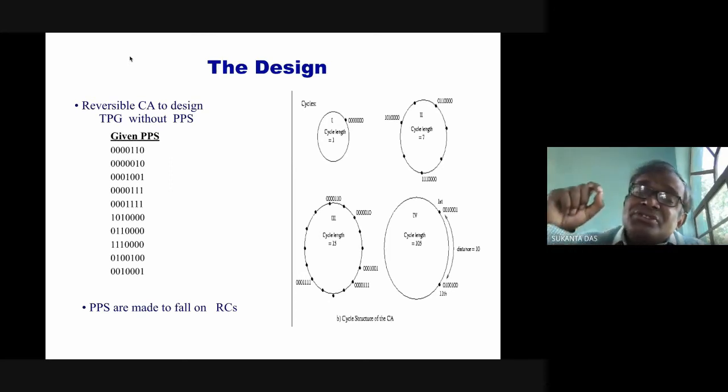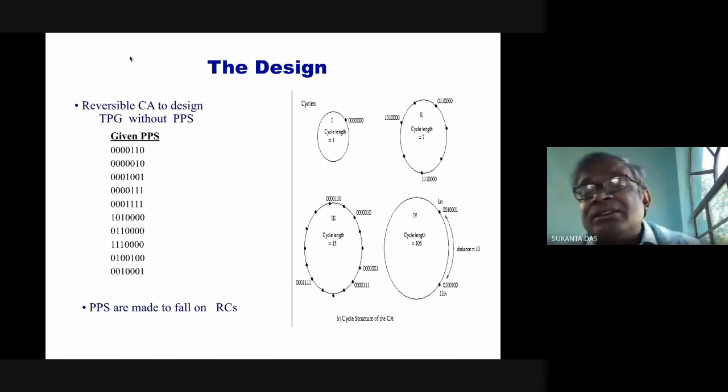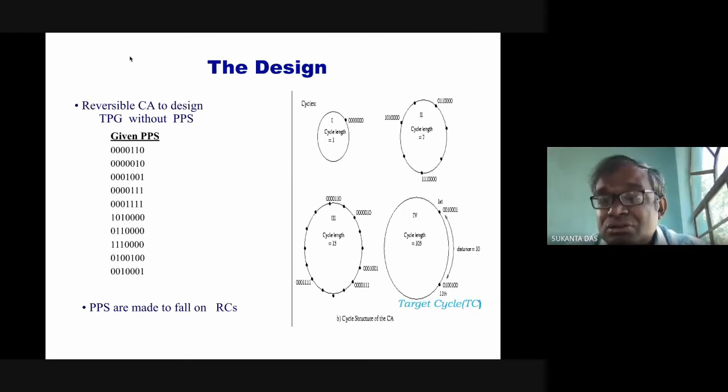Then what you can do? You can set your CA with the 12th pattern. We call this the target cycle, and this is the redundant cycle.